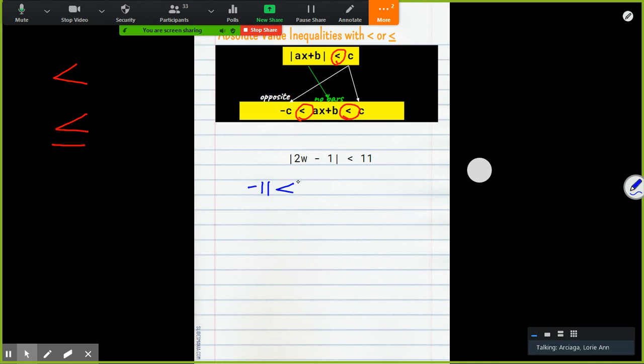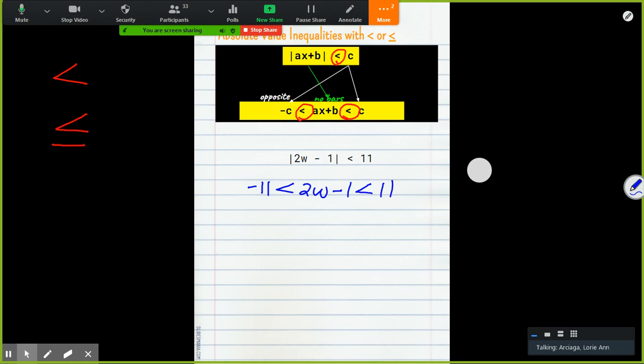Next, copy the expression without the bars. So copy this, 2w minus 1. Next, copy the same sign. There you go. And then last but not the least, just bring down the constant, 11. All right. Okay, so that's how you're going to rewrite it.